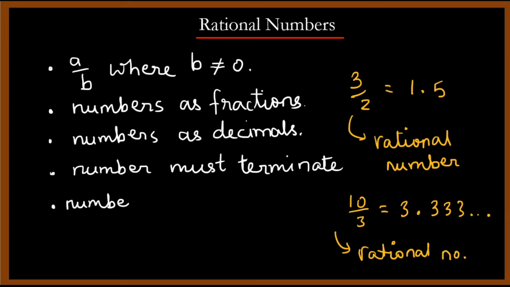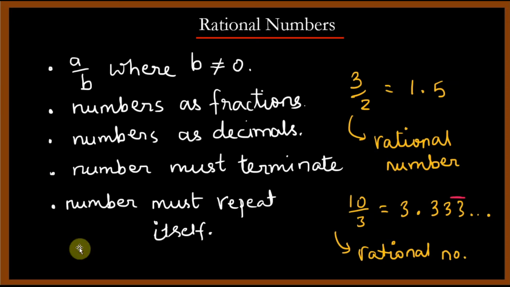So a rational number written in decimal form must have a repeating decimal part, like 3, which is repeating itself. You can indicate the repeating digits by placing a bar on top of them, and this bar indicates that the number or numbers are repeating.